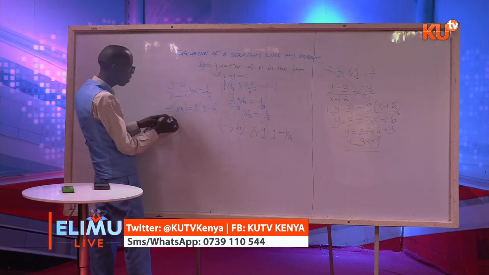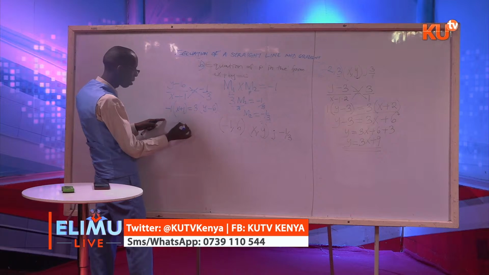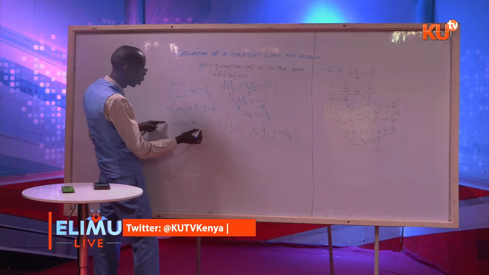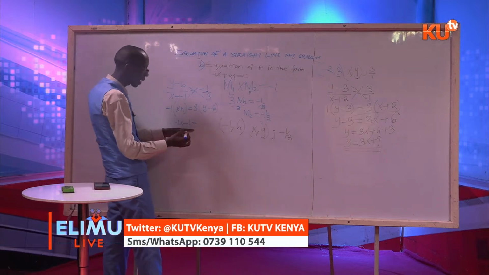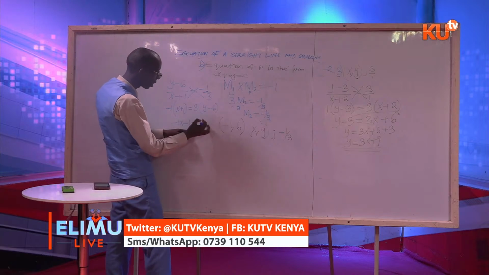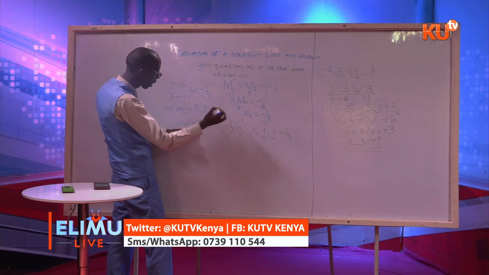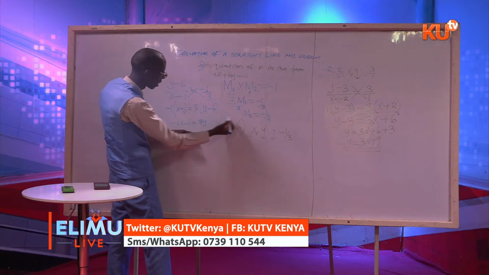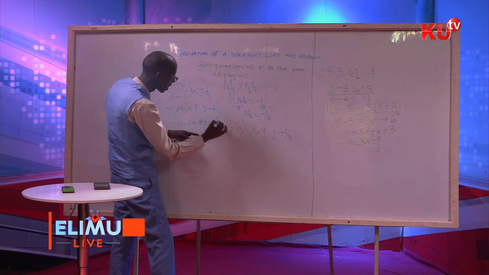So open the bracket: -1(x - 1) is equal to 3(y - 6). Three times y is 3y, and 3 times 6 is 18.